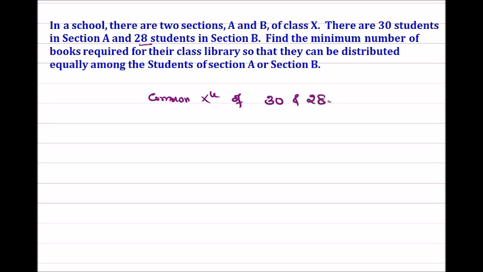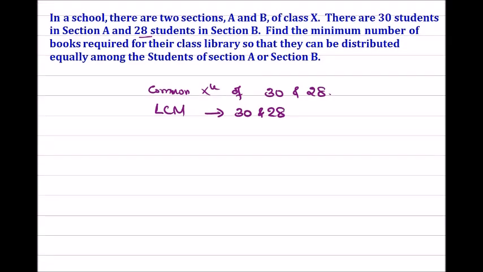Here the problem asks for the minimum number of books, which corresponds to the least common multiple, that is the LCM of 30 and 28. That is, we need to find the LCM of the two numbers 30 and 28.